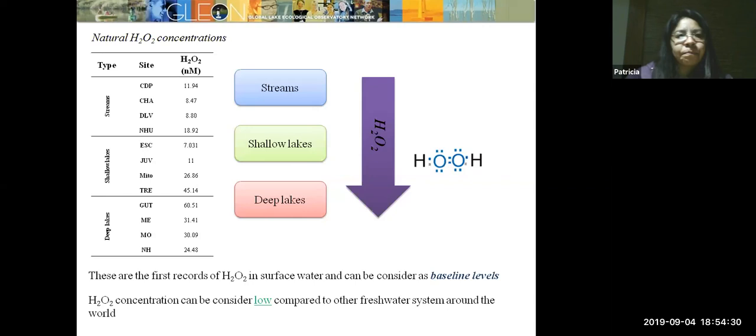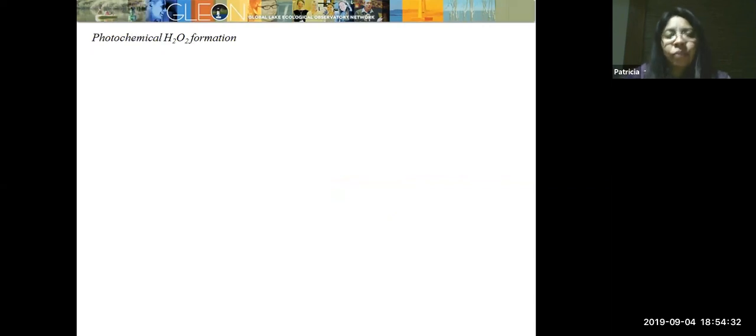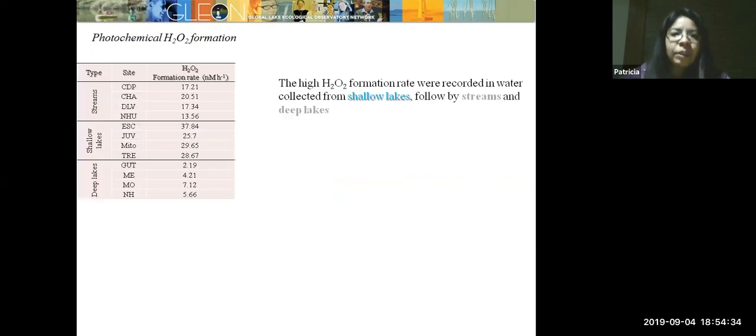About the photochemical hydrogen peroxide formation, we also found that the different environments, the streams, the shallow lakes, and the deep lakes, have different formation rates. The shallow lakes have the highest formation rate, followed by the streams and the deep lakes.